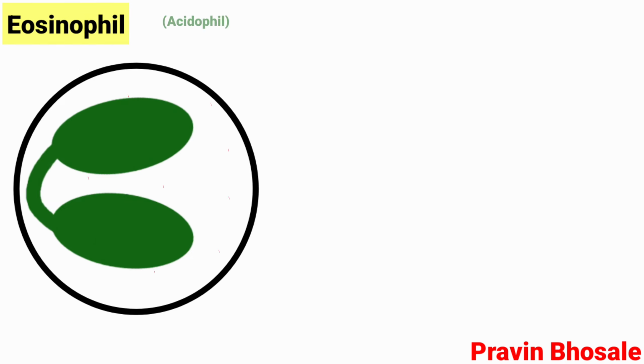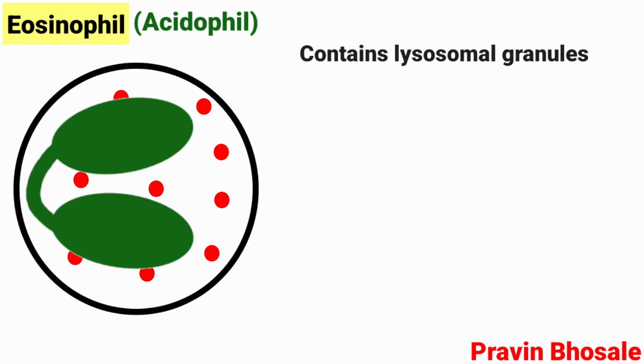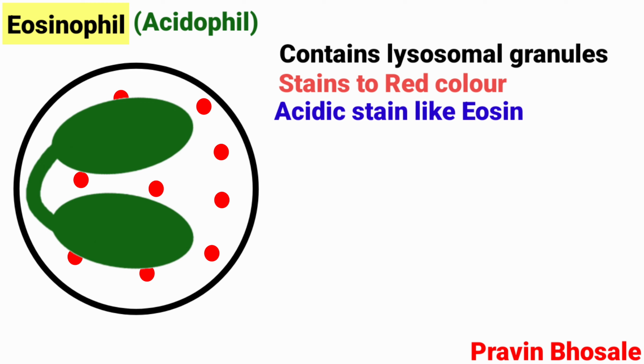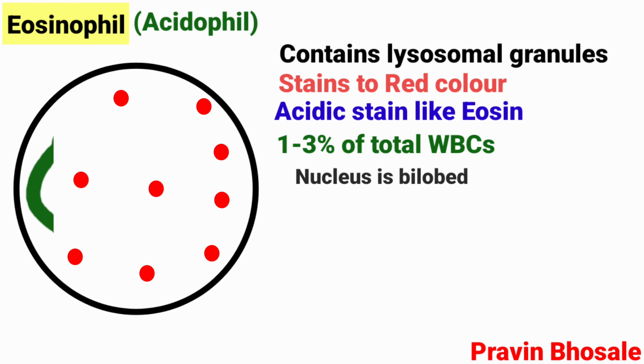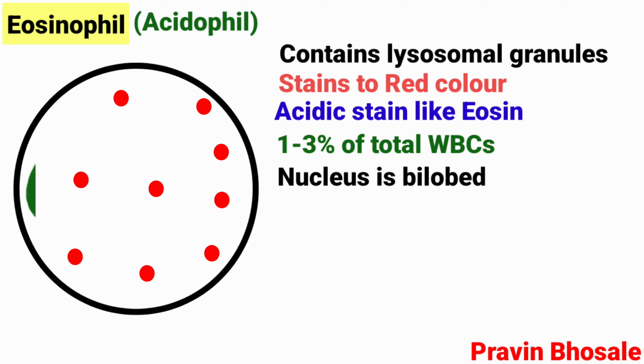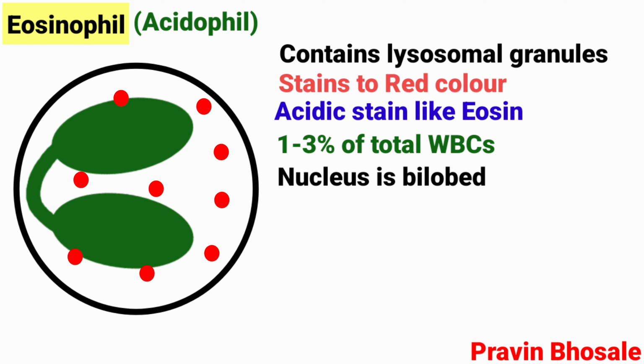Eosinophil, that is Acidophil, contains lysosomal granules that are stained to red color with acidic stain like eosine. Eosinophil are about 1 to 3% of total WBC. Nucleus is bilobed. So in eosinophil, nucleus is bilobed and they stain by acidic dye eosine.